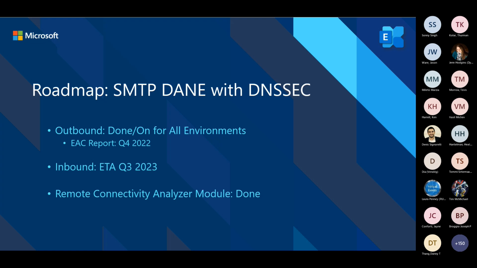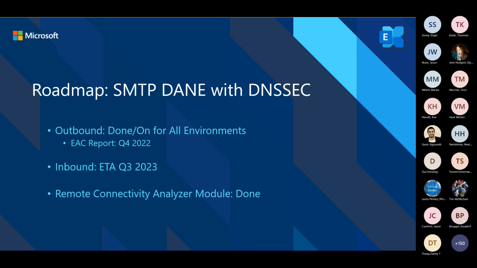Cool. Okay. So now moving into SMTP DANE with DNSSEC. So this is also rolled out for outbound for all environments, and we're doing the validations by default for all environments. And there's, like I said, that Exchange Admin Center report that's coming later this year. And this is going to include the outbound metrics for MTA-STS and DANE with DNSSEC, and for successes and failures.